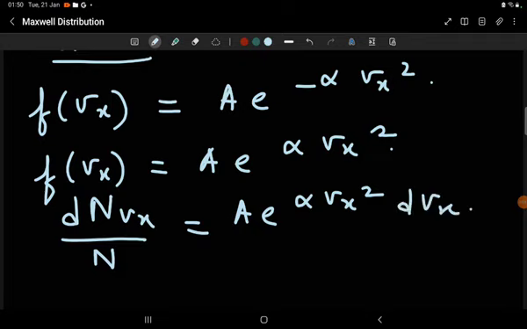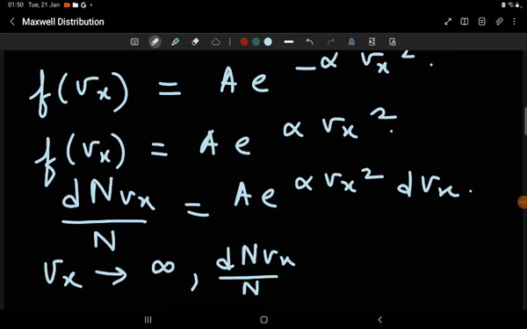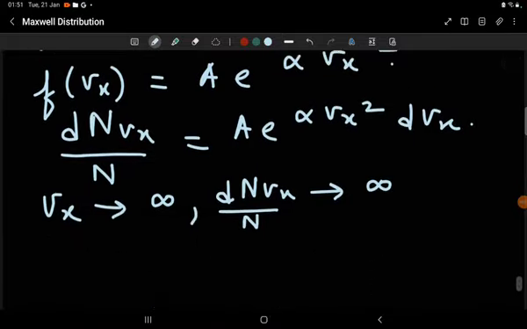What is the problem here? What happens if vx tends towards infinity? Then dn vx by n tends towards infinity. Remember that when vx tends towards infinity, the kinetic energy in the x direction, half m vx squared, tends towards infinity.